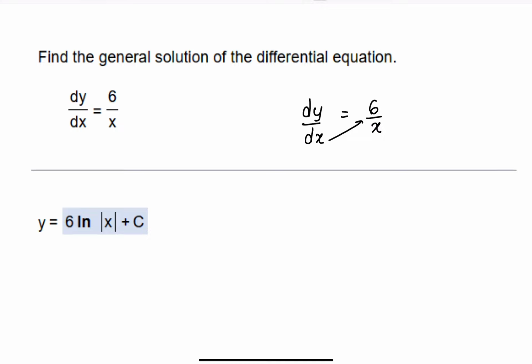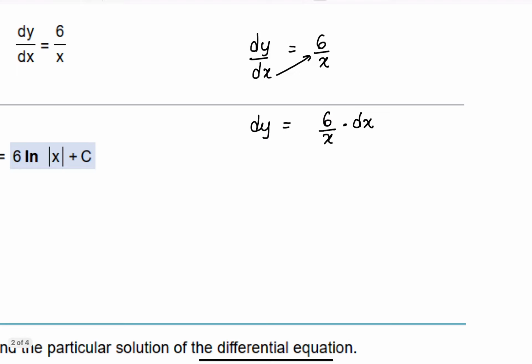And I'm going to cross multiply. So here I want you to see what's happening. My dy is equal to 6 over x times dx. And now, remember, I'm trying to get back to y. They differentiated it. To go backward, I have to find the integral. And if I don't see anything here, you know there's a handy-dandy 1.